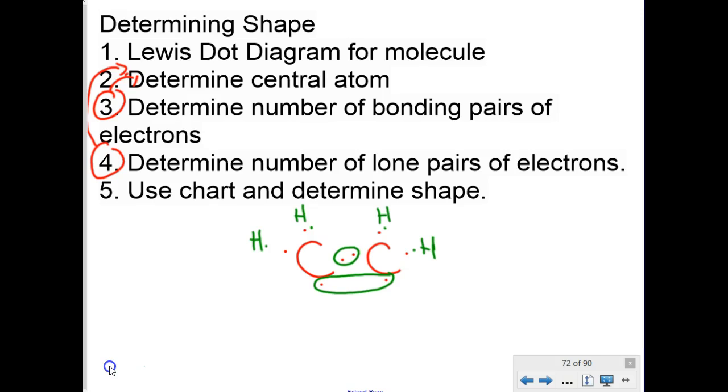For simplicity's sake, I'm going to say that this is the central atom here. Now there are four. Oh, that's a triple bond then.